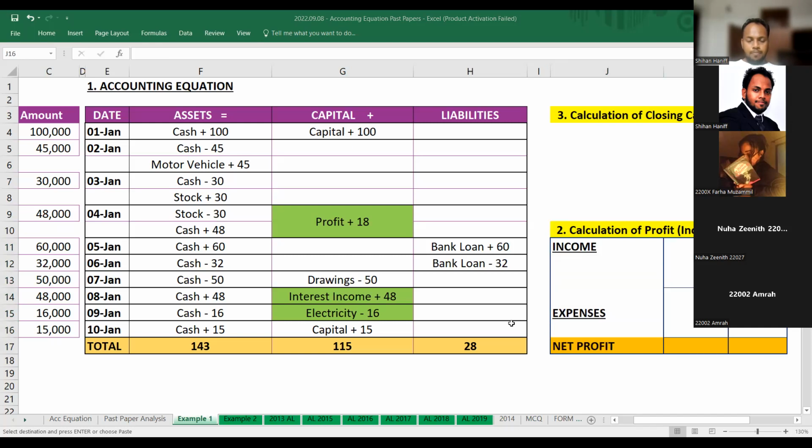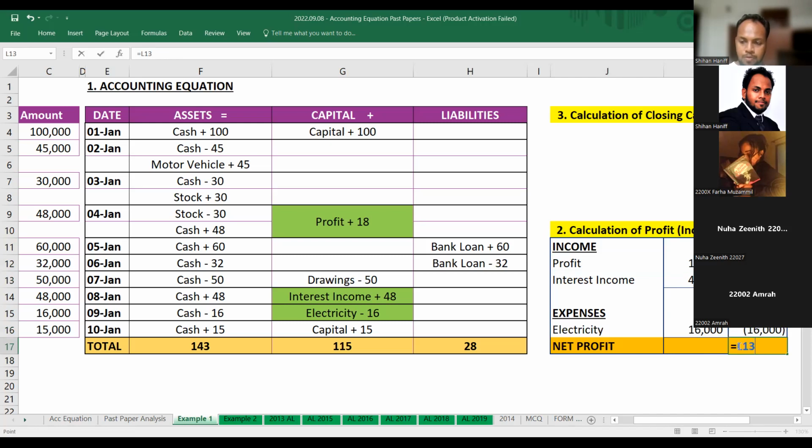So here income, there are two items: profit of 18 and interest income of 48. So we'll take those two, 18 and 48. There is a total income of 66,000. There's only one expense, which is electricity, 16.